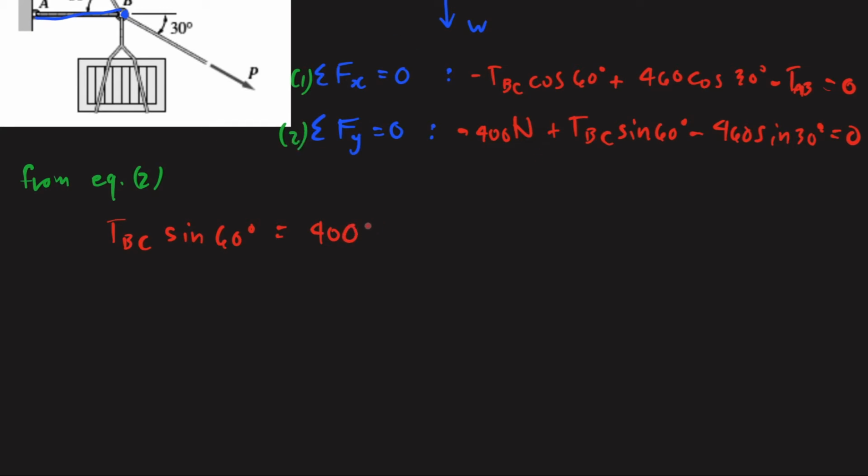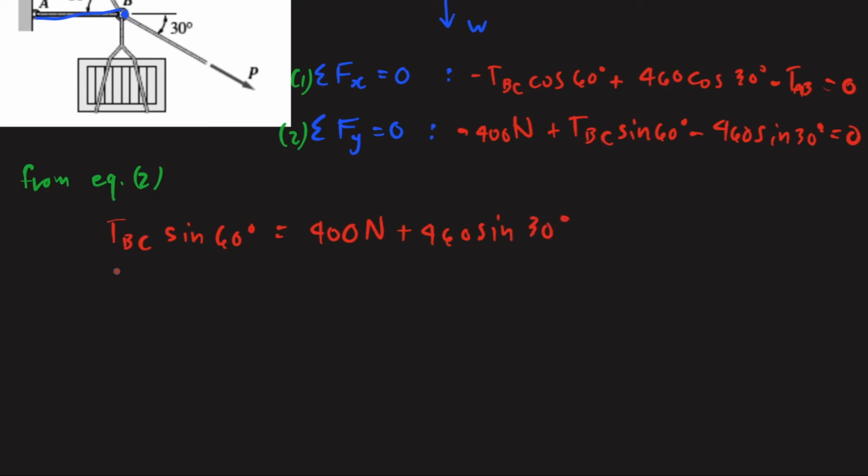So 400 newtons. We transpose this to the other side, and then we have negative 400 newtons plus 460 sine 30 degrees.